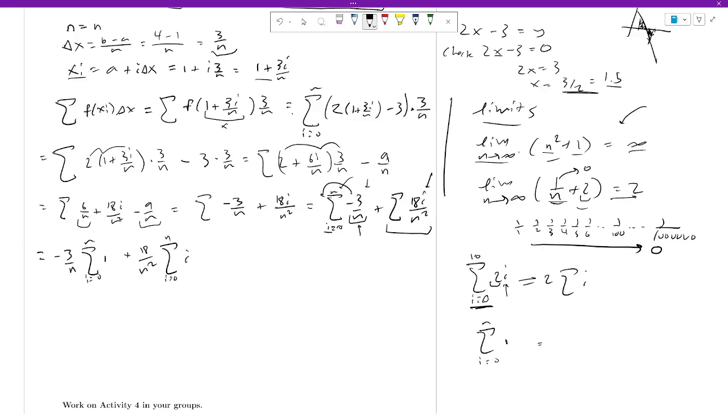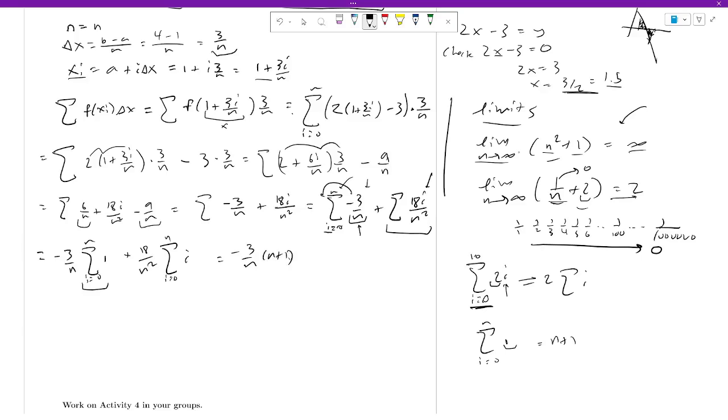I have the 0th one, then the first one, the second one, the third one, all the way up to the nth one. So 1 to n is n of them, and then 0 is 1 more. So there's n plus 1 copies of 1 all lined up, and I'm adding them all up, so I get n plus 1. So this whole piece here turns into n plus 1.